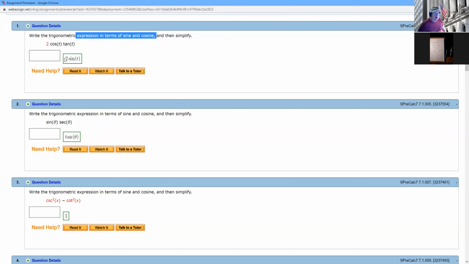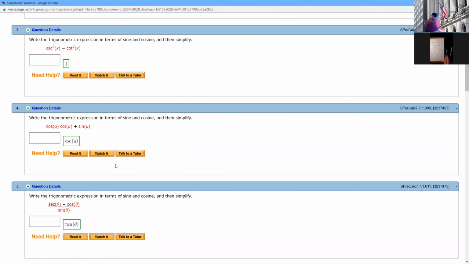Now, in this case, can you see the only guy that's changeable is the tangent? And what will it change into then? Sine over cosine. And then can you see the cosines cancel and boom, that's the answer? Yeah, right.